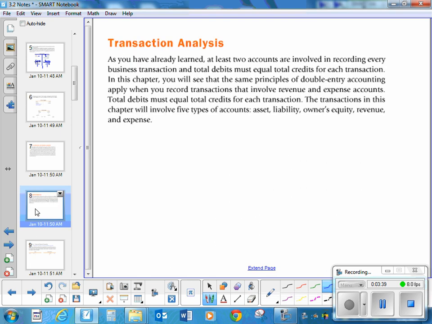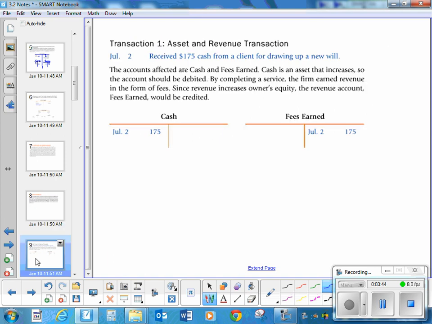Okay, so we're going to do our transaction analysis just like we did with assets, liabilities, and capital. We're just going to go through a couple of transactions and see how you do. Received $175 cash from a client for drawing up a new will. So it looks like you're a lawyer maybe, and that's how you're earning your money. Your revenue account is called fees earned.